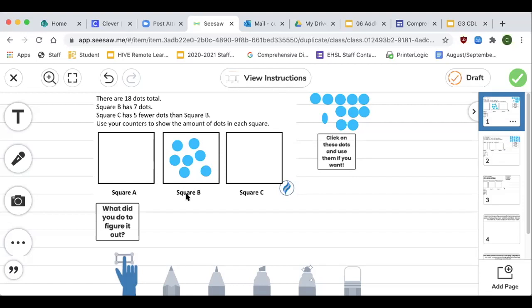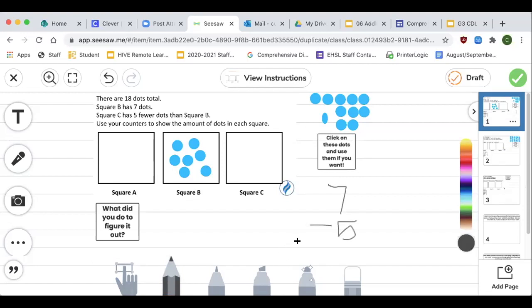And there's multiple ways I can solve this. Maybe I write out my math. Maybe I write it this way. Maybe I text box it.